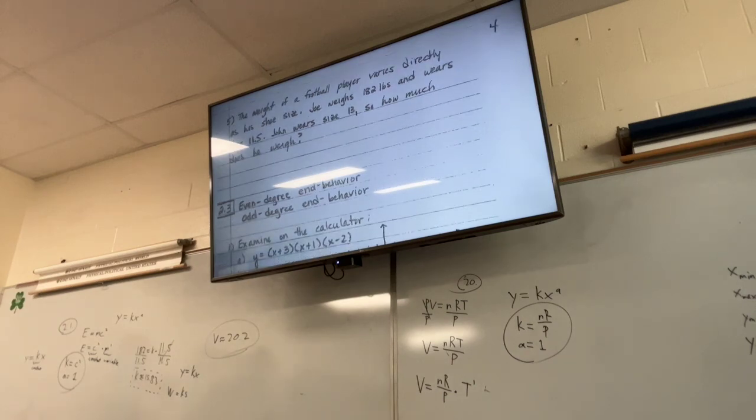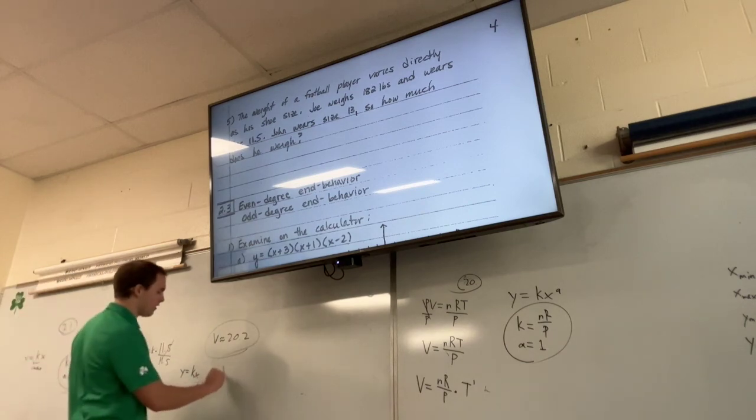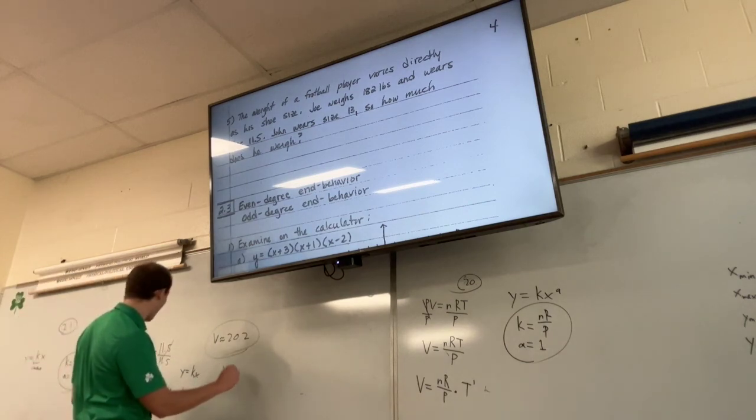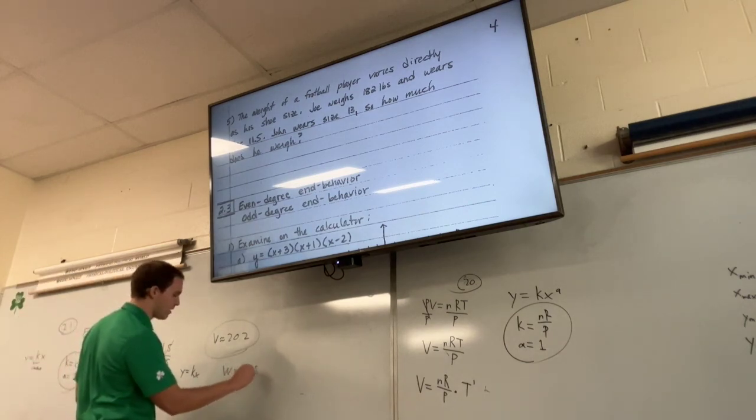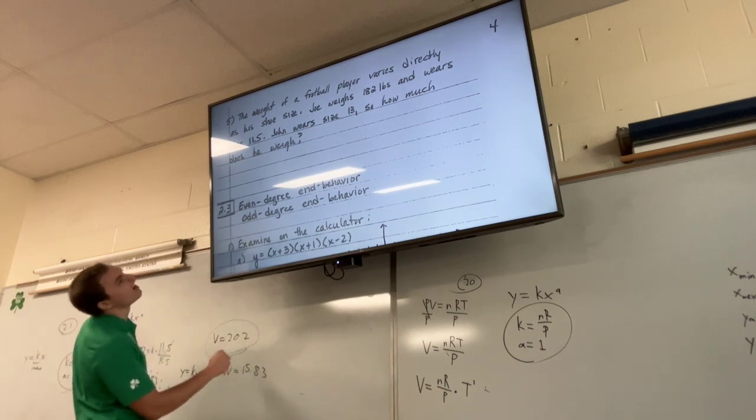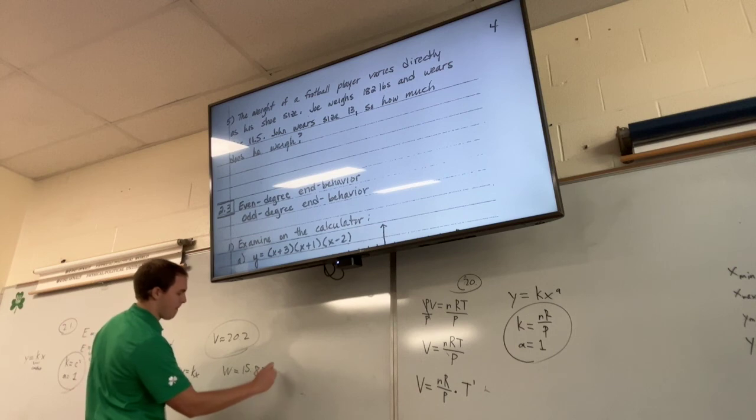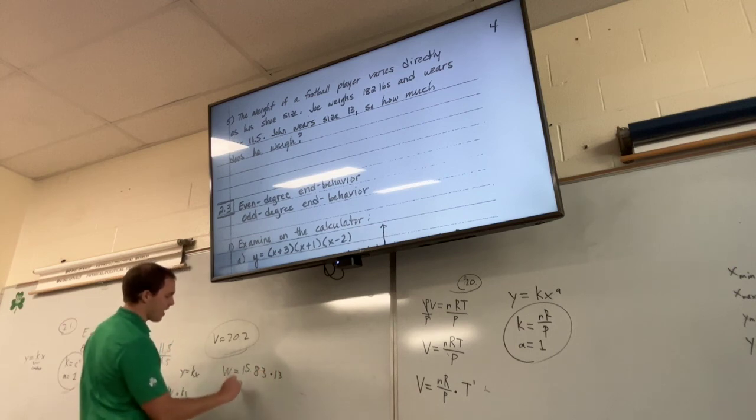John wears a size 13, so how much does he weigh? We don't know his weight, but his weight equals my K, 15.83, times his shoe size, which is 13. So he weighs 205.7.